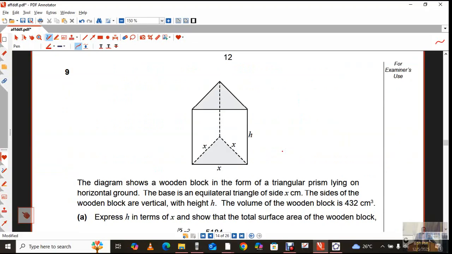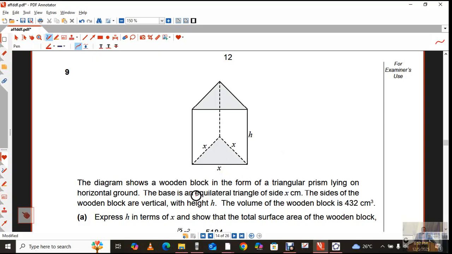The diagram shows a wooden block. It's very interesting. Again, it might look like a complex scenario, but it's not. You can see that they are saying it's in the form of a prism lying on a horizontal ground.